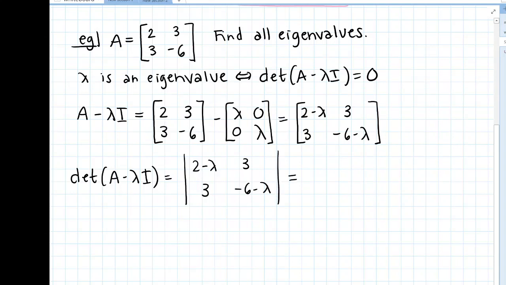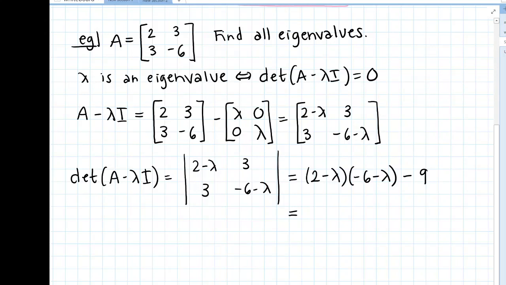And luckily we're dealing with a 2 by 2, and we know that there's an easy formula for finding the determinant. It's the product of the diagonal entries minus the product of the other 2 entries. So we have 2 minus lambda times negative 6 minus lambda, and then from that we're going to subtract 3 times 3, which is 9.